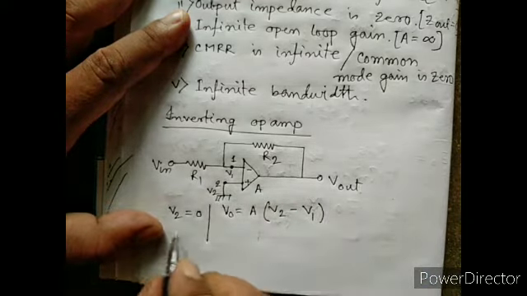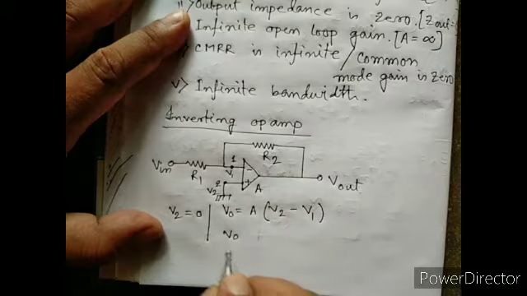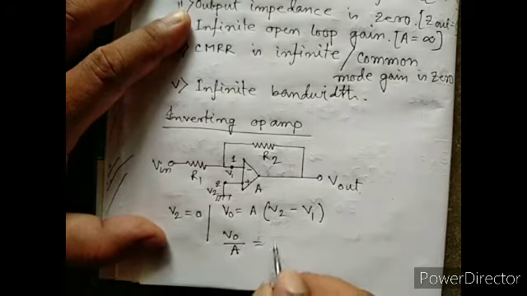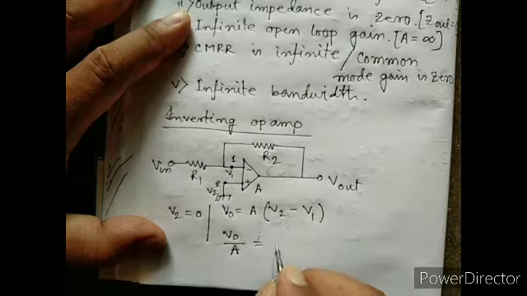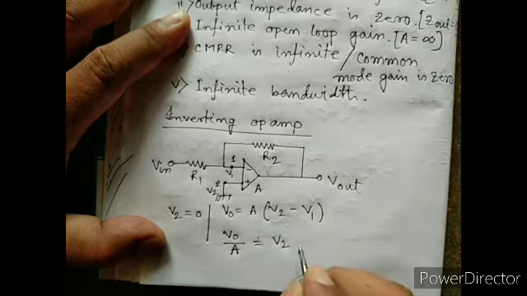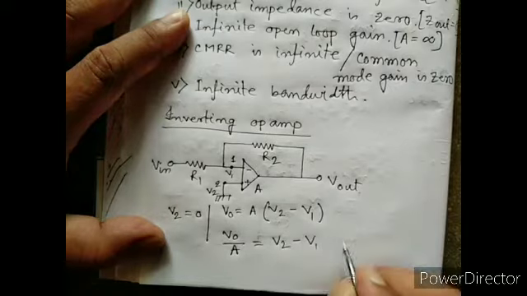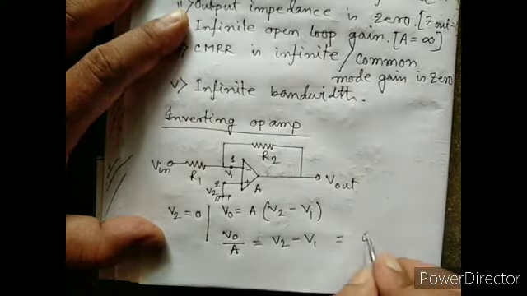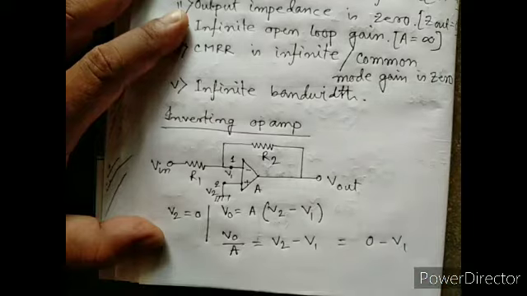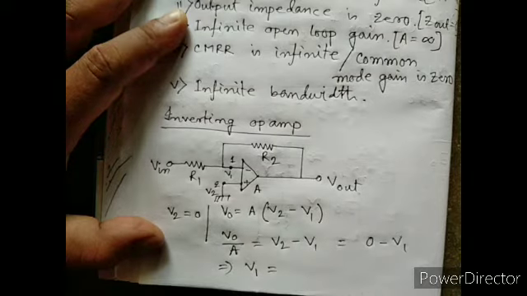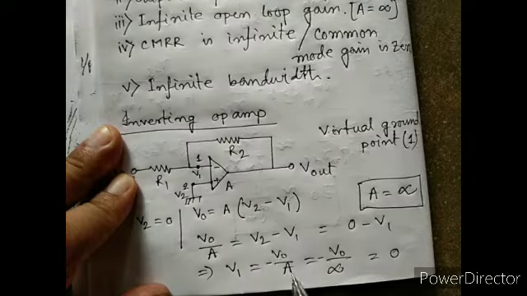Okay, now V0 by A equals to V2 minus V1, V2 is 0, so 0 minus V1. So we can say V1 equals to minus V0 by A, that equals to minus V0 by infinity, that equals to 0.